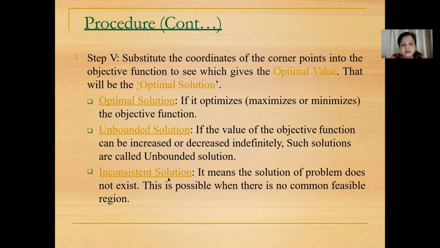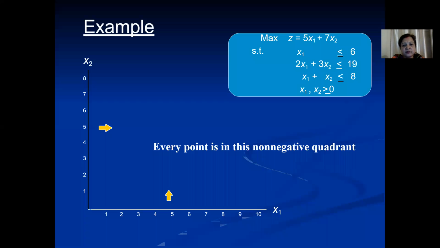And inconsistent solution means that under the given conditions there exists no solution, the solution of the problem is not possible, then we can say the solution is inconsistent. This is possible when there is no common feasible region. So let us see some examples on this.